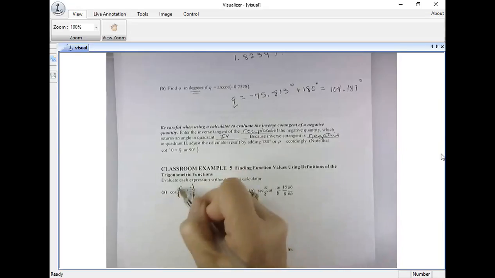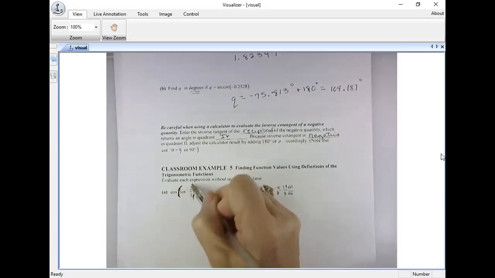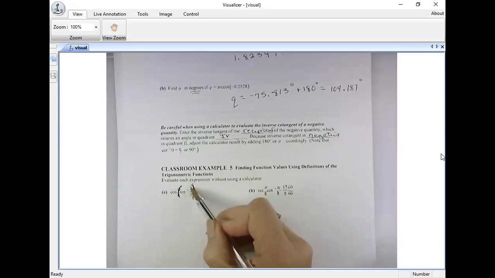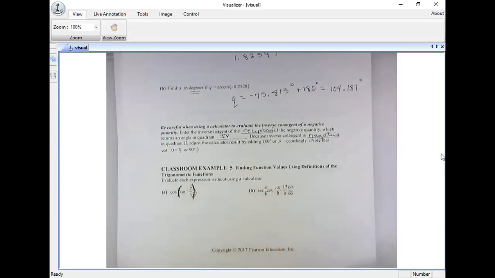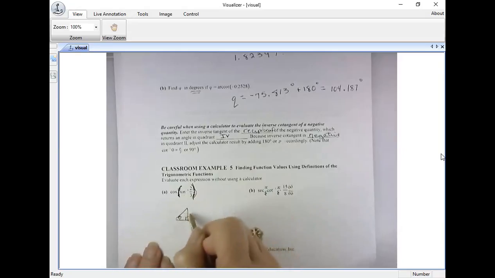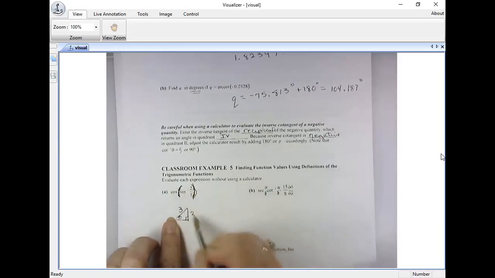Okay, now evaluate these without using a calculator. Here's what this is saying, and I know this goofy stuff, I don't know why it does that. Those are really just supposed to be parentheses, but it's asking you to find the cosine of the angle whose sine ratio is 2/3. Okay, I do not know how you do this without drawing a triangle. So I need to draw a triangle whose sine ratio is 2/3. Well, sine is what over what? So opposite would be 2, hypotenuse would be 3, and now I'm supposed to find the cosine of the triangle that has this sine ratio of 2/3.